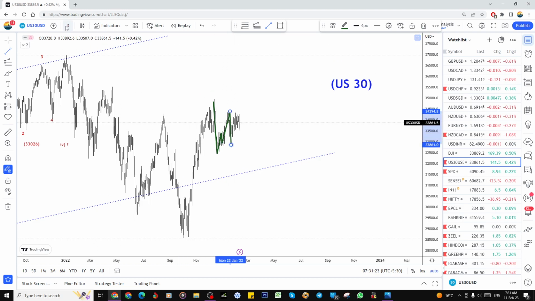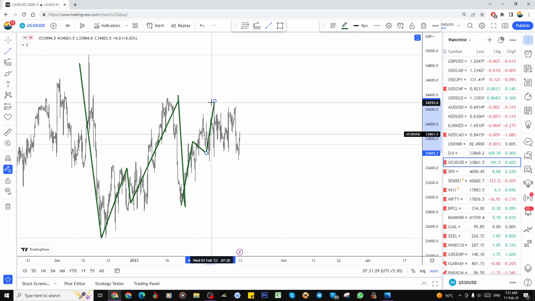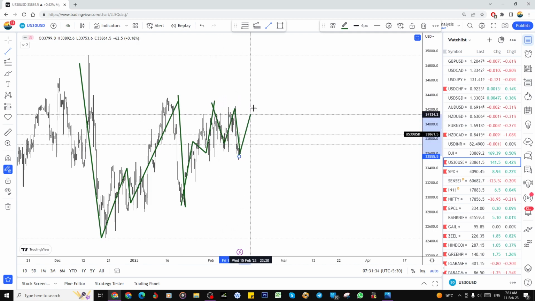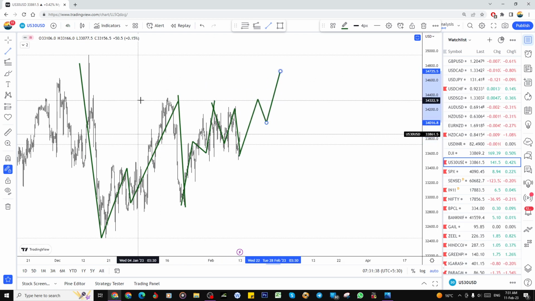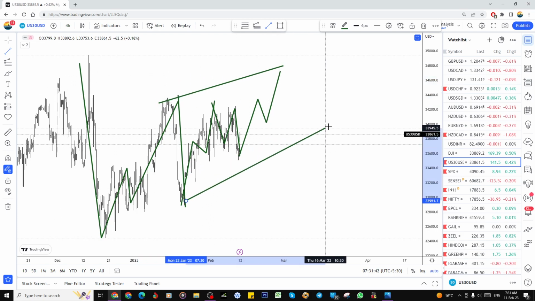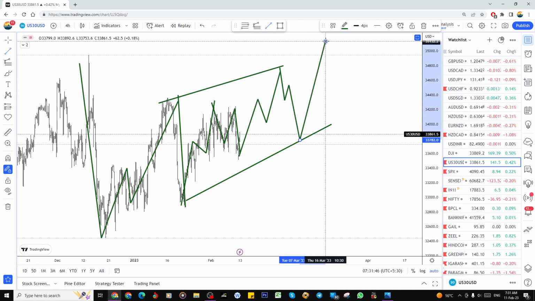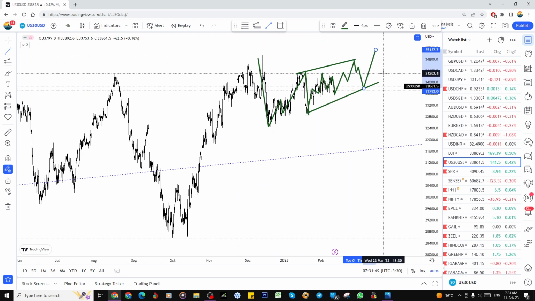So it looks like in the 4 hours, look at this correction, and here also it's looking like a correction. So what it will do, maximum it can do like this. So this will become the corrective part. This is the one pattern I'm expecting.